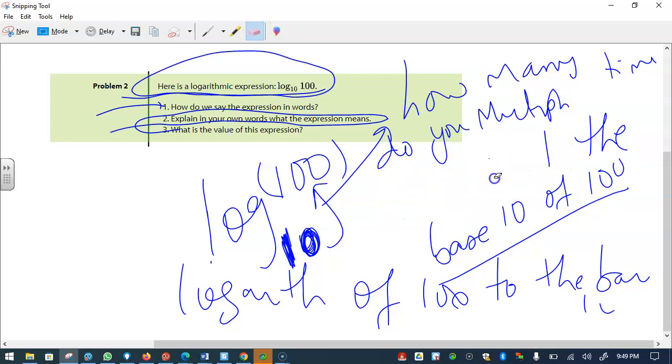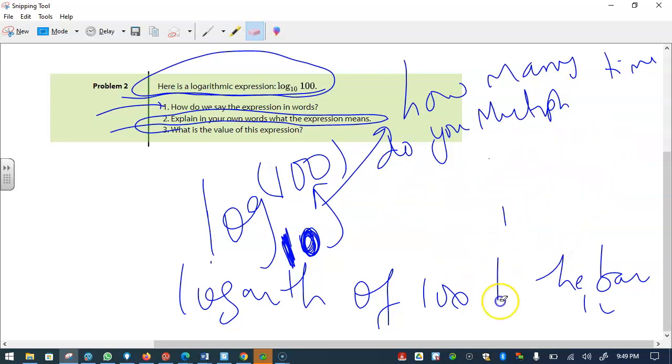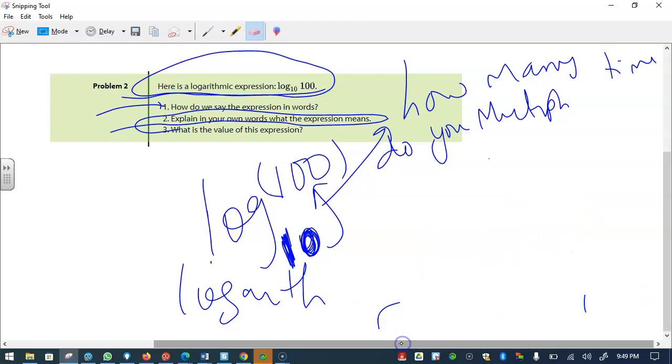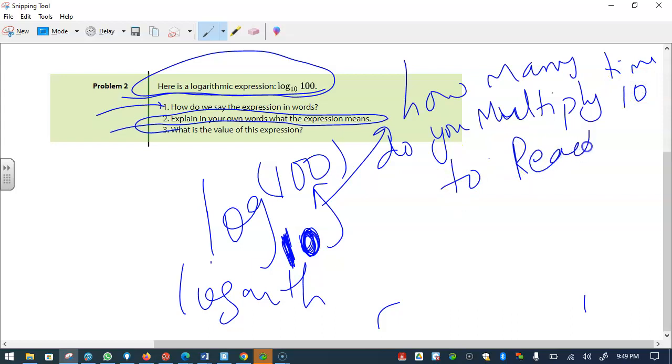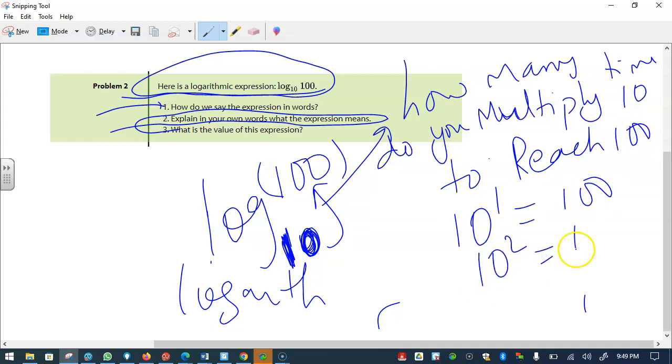You want to know how many times you multiply 10 to reach 100. Now we do know 10 raised to 0 is 1, and 10 raised to 1 is 10, and 10 raised to 2 is 100. There you go. You got the answer.